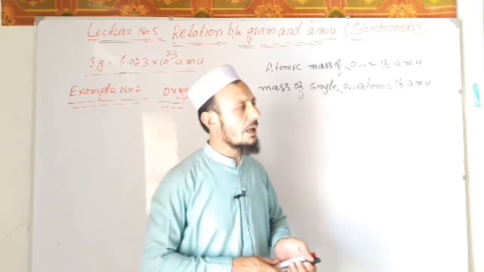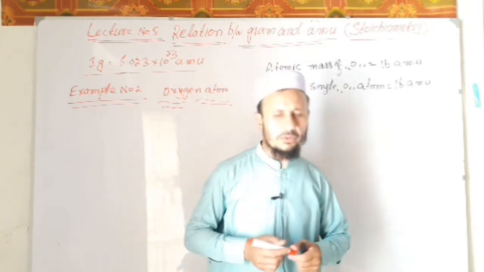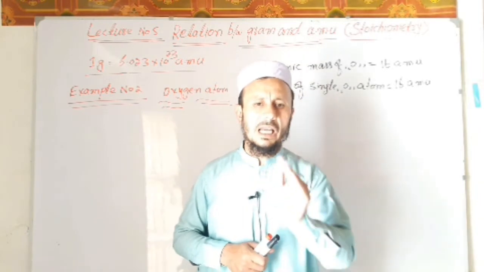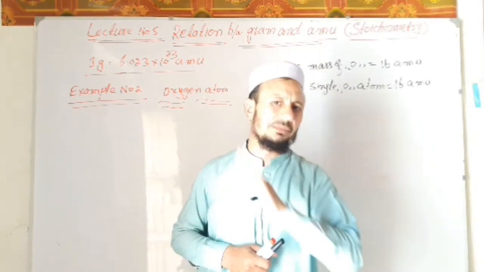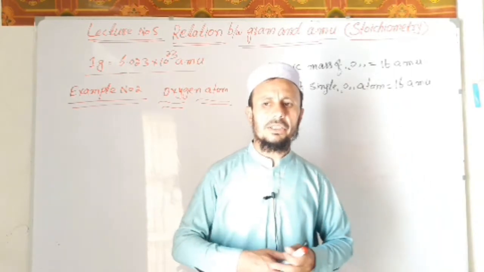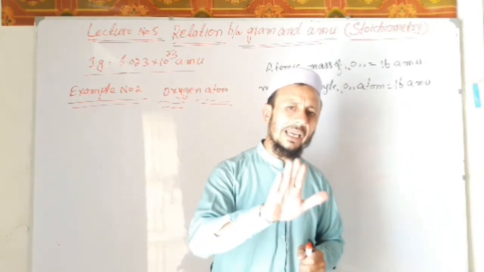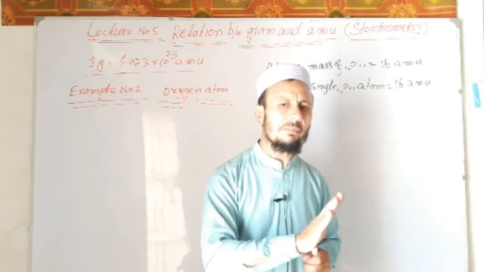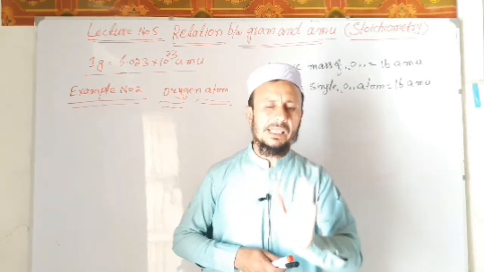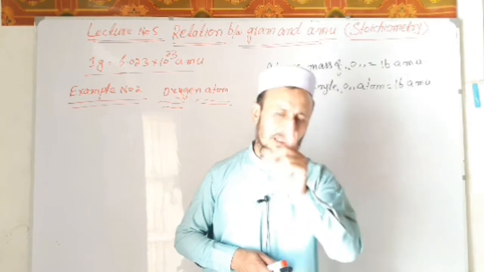Now dear students, here again we will ask what is the mass of a single oxygen atom in grams. For this determination, we will take the help of mole and Avogadro number, to find the mass of a single atom of oxygen in grams.